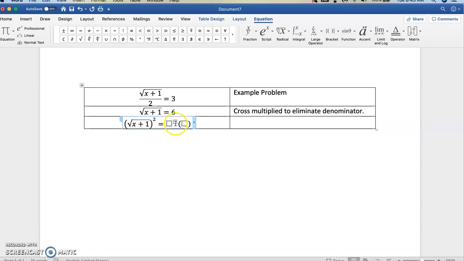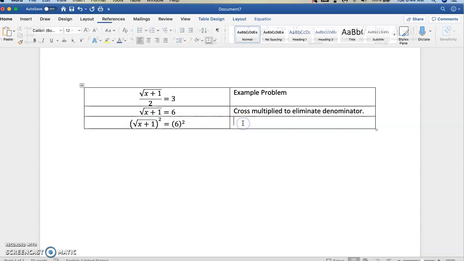I want it right here. And I'm going to type the 6, and I'm going to square it. So I'll come over here and say square both sides to eliminate radical.